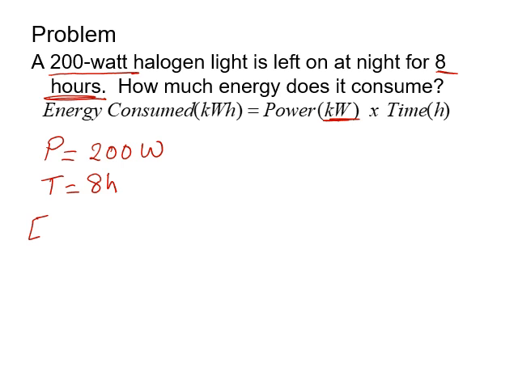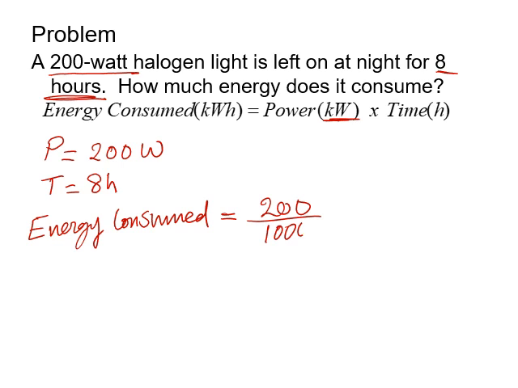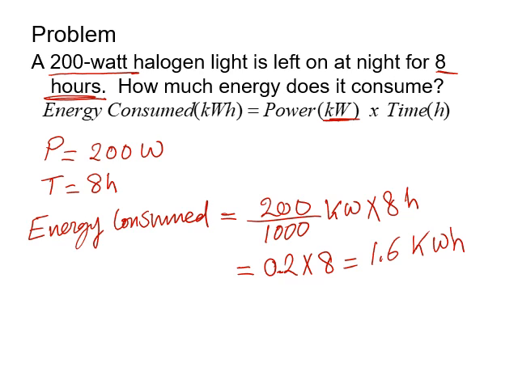So energy consumed is going to be equal to 200, and I'm going to divide by 1000 to make it kilowatts, multiplied by my time, which is 8 hours, no conversion needed. So this is 0.2 multiplied by 8. Grab your calculator, and 0.2 times 8 is 1.6 kilowatt hour.